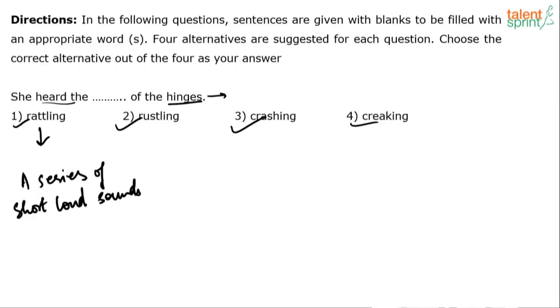Yes. So what is rustling? You must have heard rustling of the leaves. That means the leaves that have gone dry, they make a soft, muffled cracking sound. So when you stamp on it, they make a soft, muffled cracking sound. Okay, usually leaves and papers make those sounds.